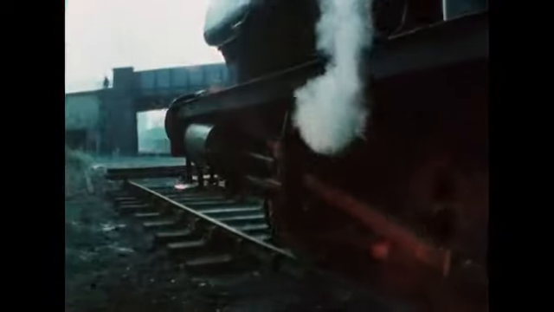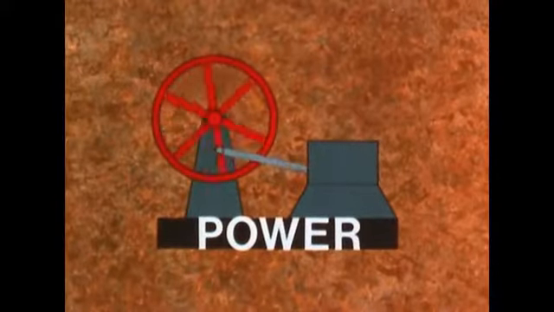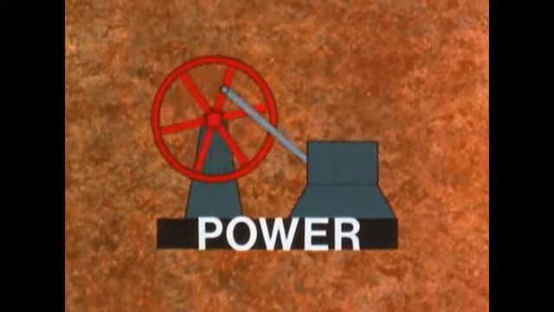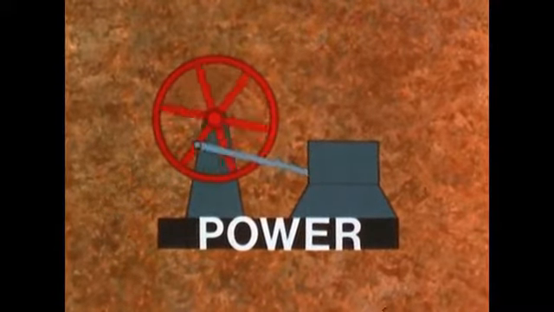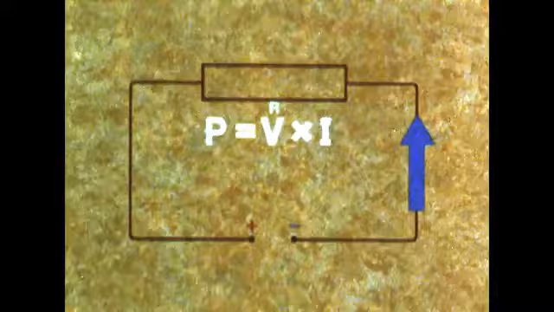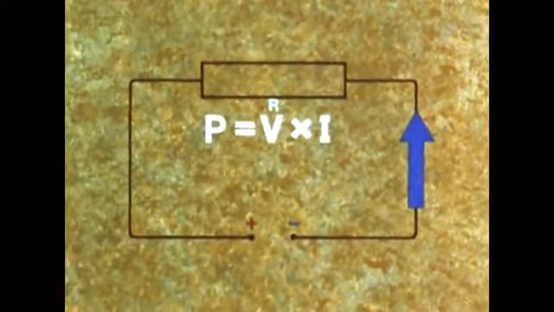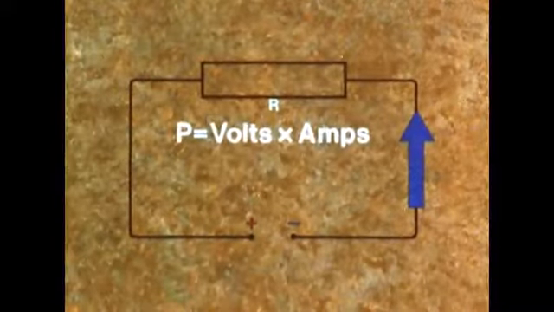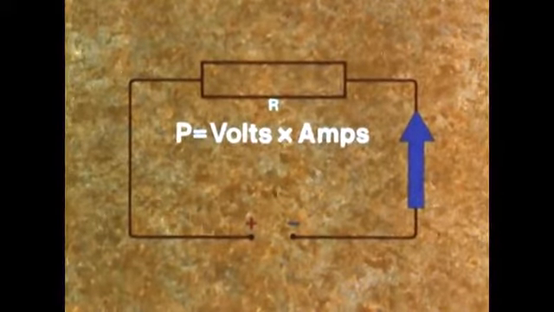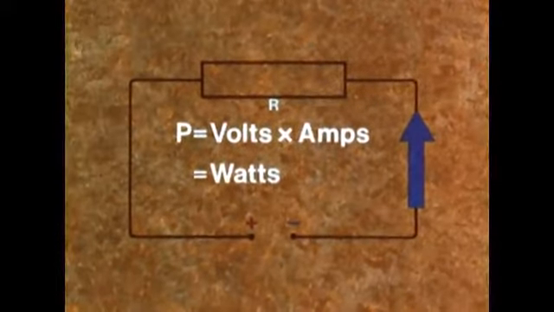We saw that work is done whenever a force causes motion. And we saw that power is defined as the rate of doing work. In electrical circuits, power is equal to voltage times current, volts times amps, and is measured in watts.